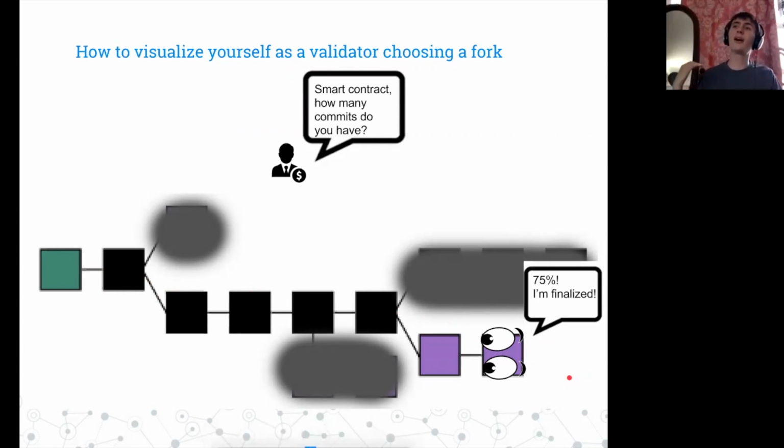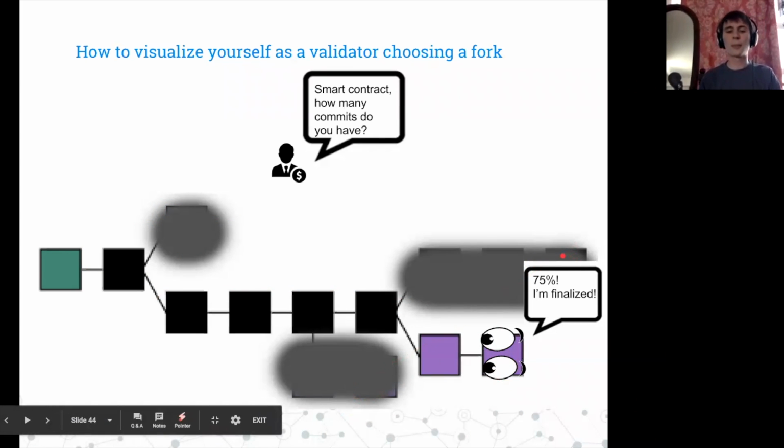You just allow the blocks to be created, bundle up the transactions, and record all of the necessary state in the smart contract. And then you just say, smart contract, what is the chain that I should be following? Every smart contract at every block is going to give you a different answer. This smart contract is going to give you a different answer from this one, or this one.